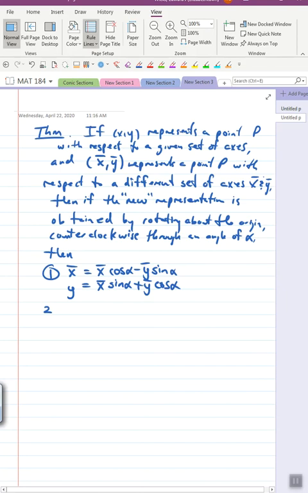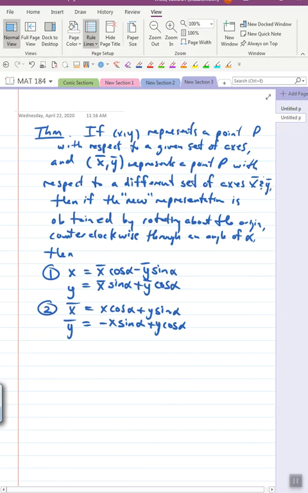And by the way, I'm sorry, that first one right there, take that bar off. That's supposed to be just x. So it should be x equals and y equals. Number 2 is where I want the x bar. x bar is equal to x cosine alpha plus y sine alpha, and y bar is equal to minus x sine alpha plus y cosine alpha.